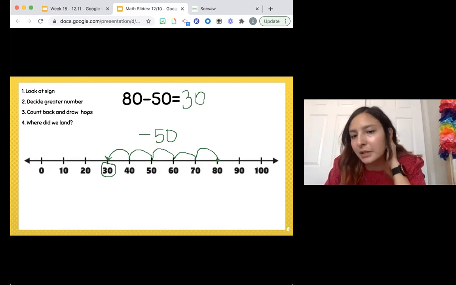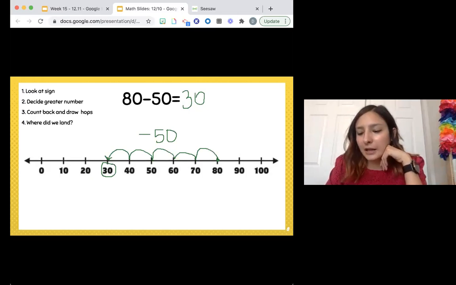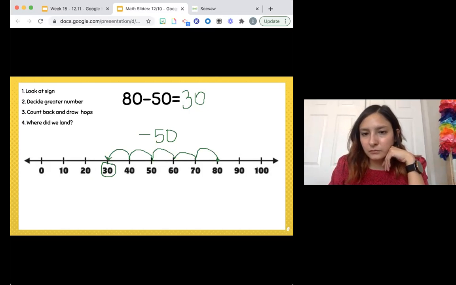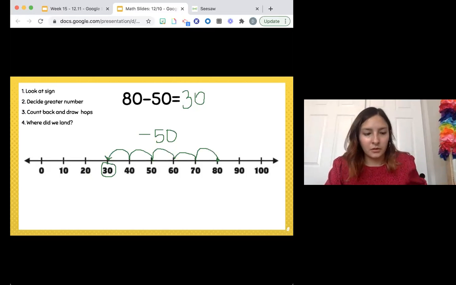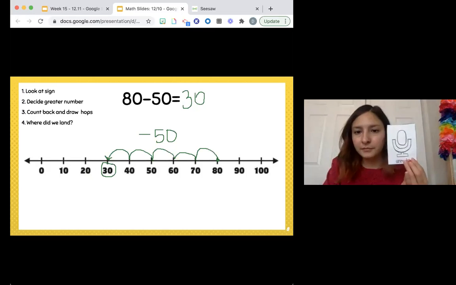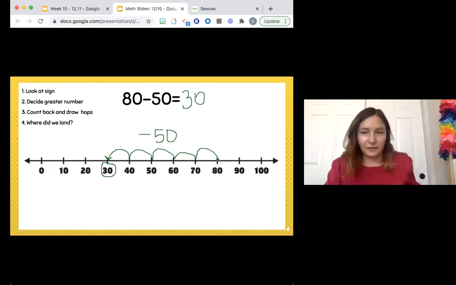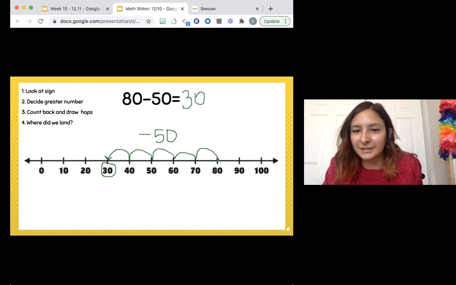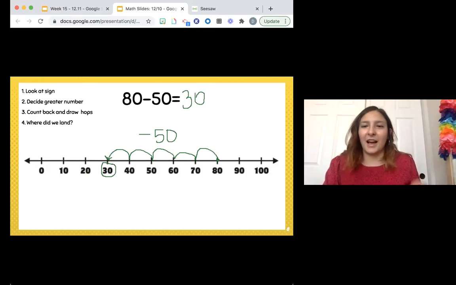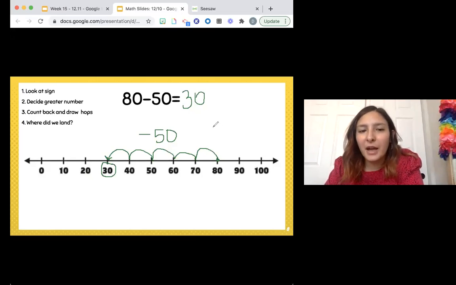Fabrizio is showing me. Fabrizio, how many groups of 10 did I count back? 5. Yeah, can you say 5 groups of 10? Awesome job. Thank you so much, Fabrizio. Yep, I counted back 5 groups of 10.